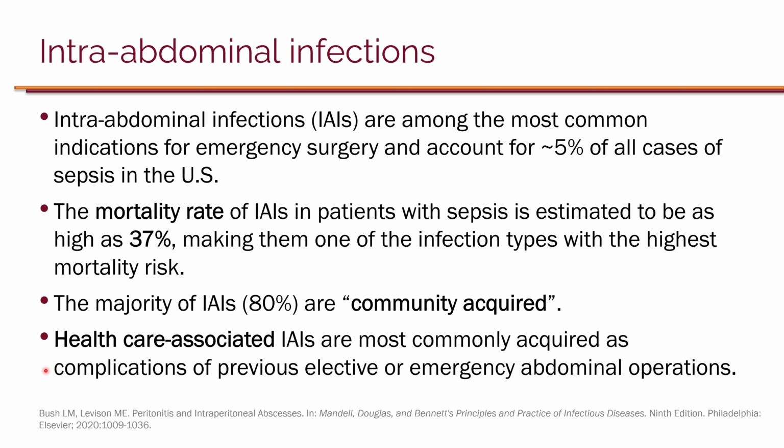And the remaining 20% are healthcare associated, that are most commonly acquired as complications of previous elective or emergency abdominal operations. So community acquired intra-abdominal infections are less likely to be due to resistant organisms, whereas healthcare associated intra-abdominal infections are more likely to be caused by resistant organisms.